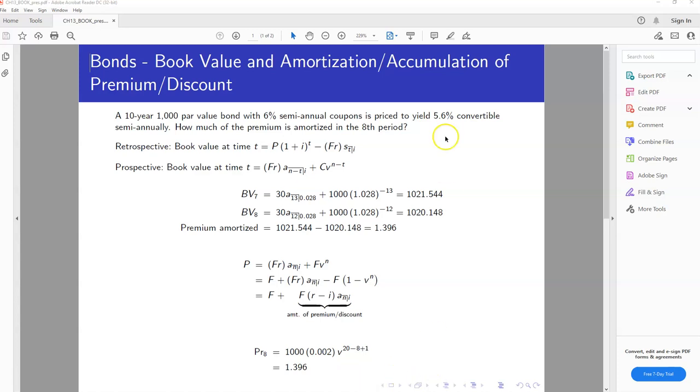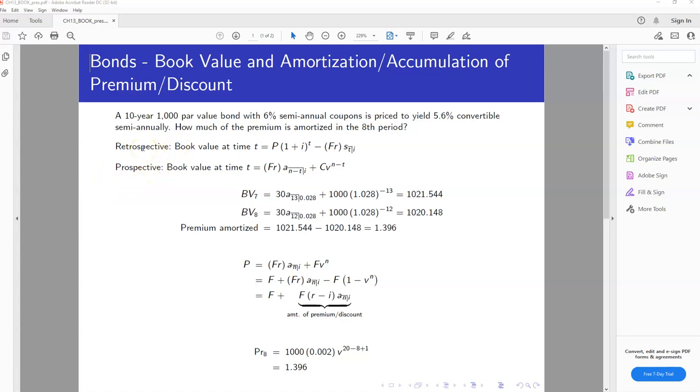Just like what we did back in amortization for loans, we want to see what the change in the value, or the change in the balance, if you will, on the bonds is as you go from one period to the next. Remember, there are a couple of ways that we can calculate loan balances, or in this case, bond book values. And that's using either the retrospective, the looking back, or the prospective, the looking forward, methods.